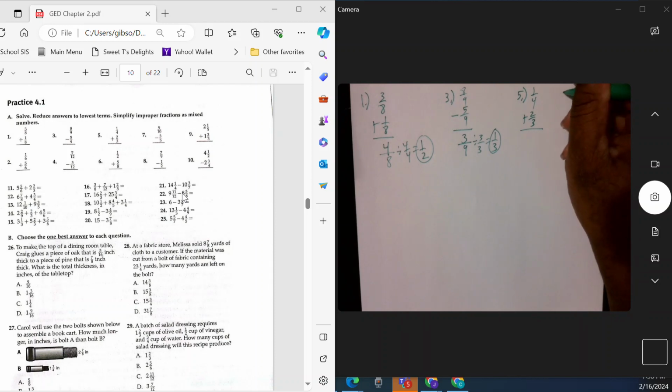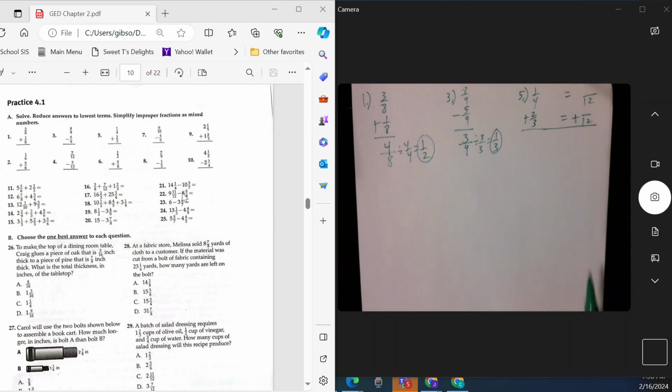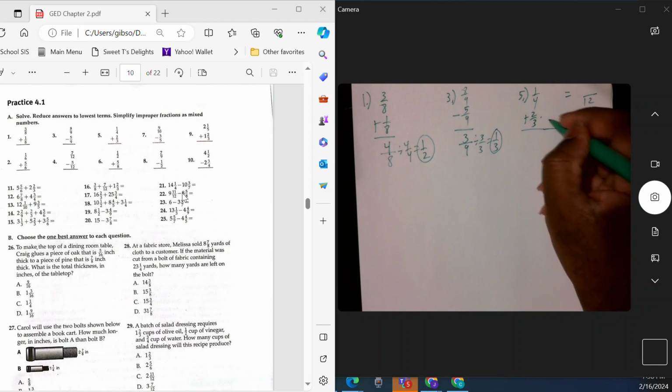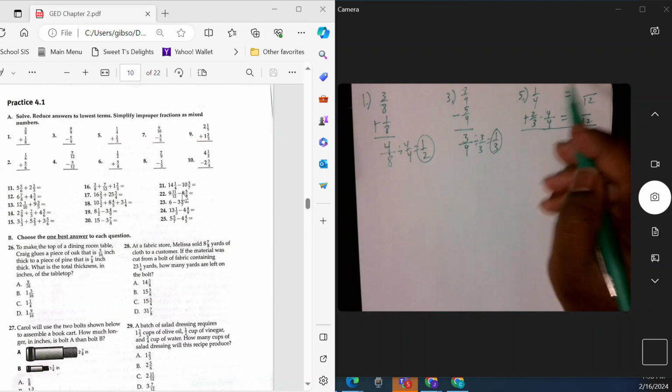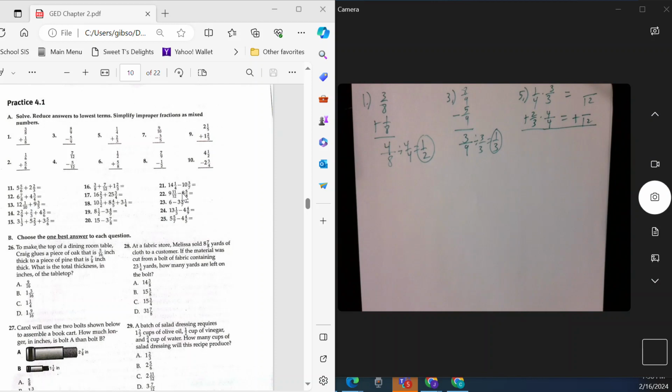So what we would do here on the other side, we would make our denominators 12. And we would ask ourselves, 3 times what gives us 12? It'll be 4. So you have to multiply this numerator by 4. Then we ask ourselves 4 times what will give us 12? It'll be 3, and you multiply this numerator by 3.